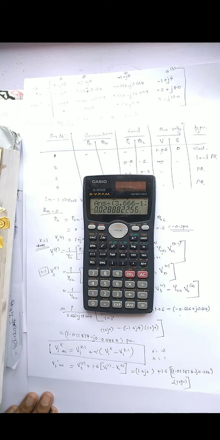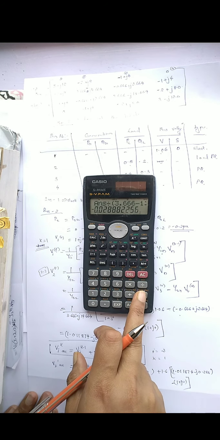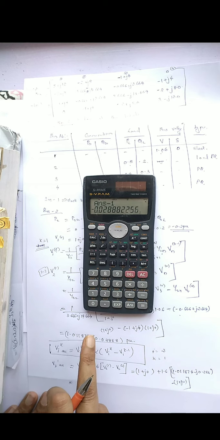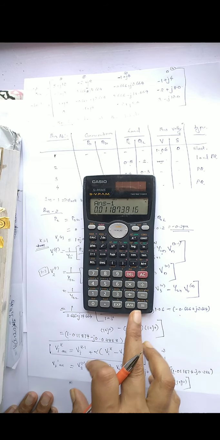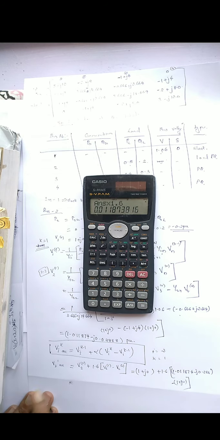So this is the equation, and while solving it, our answer minus 1, we will get one value. We have to multiply it with 1.6.